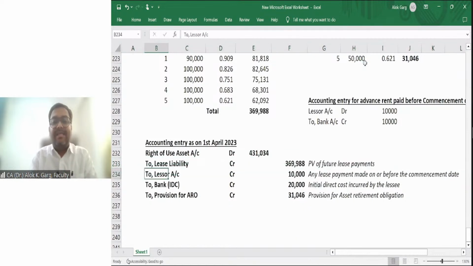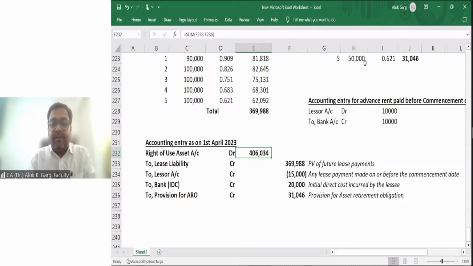Or I would say, probably the lessor will not give you cash. Probably the lessor will adjust it from the future lease rental, right? So the 10,000 which you have paid will be adjusted here, minus 25,000, right? So this will be your right of use asset.